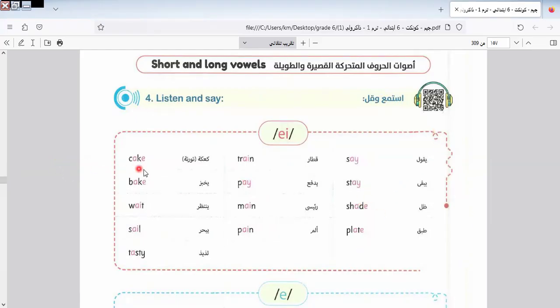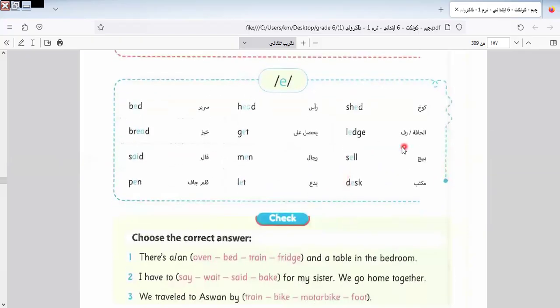Repeat after me. Cake, bake, taste, bay, say, stay, shade, plate. This is the AY sound. Another one here, we have wait, sail, main, train, pain. Okay, let's go and pronounce E like this.